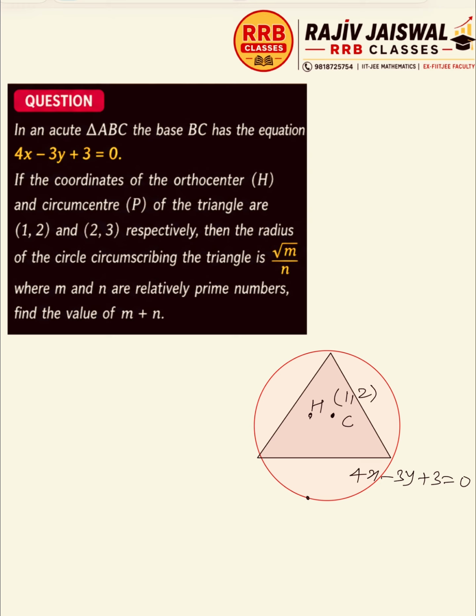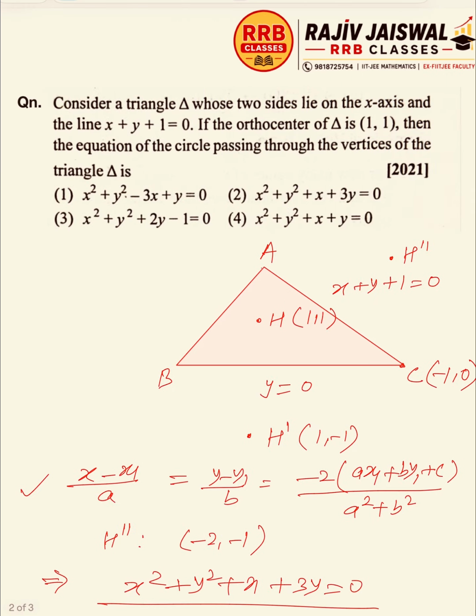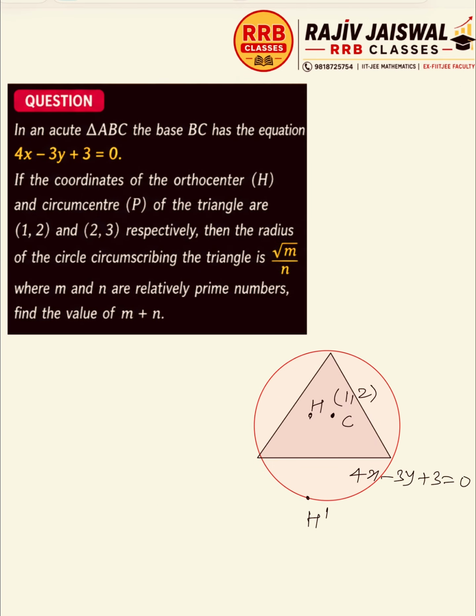As we know that the image lies on the circumcircle, we can find H dash with the same formula that we discussed earlier. I am writing the result directly. What is H dash? H dash is 17 upon 25 comma 56 upon 25.